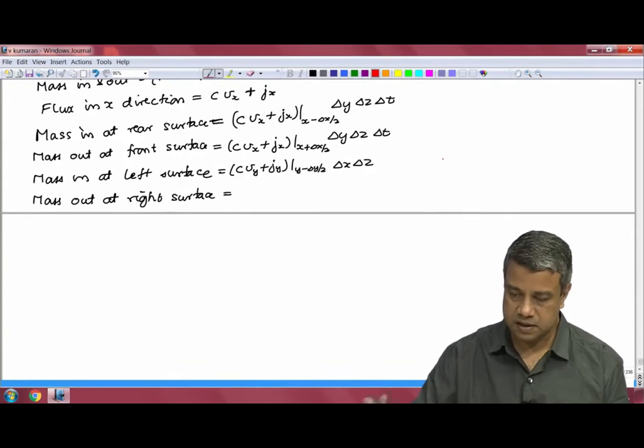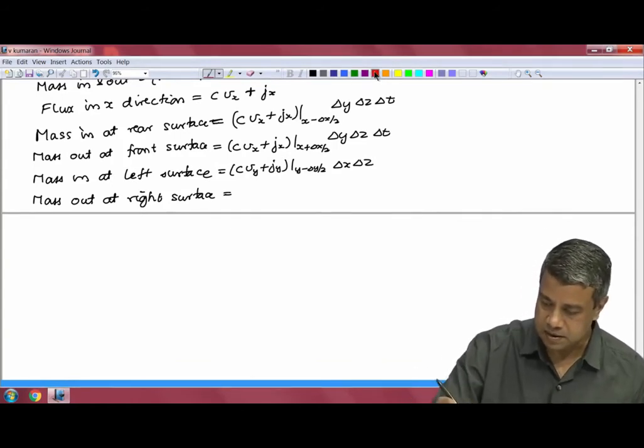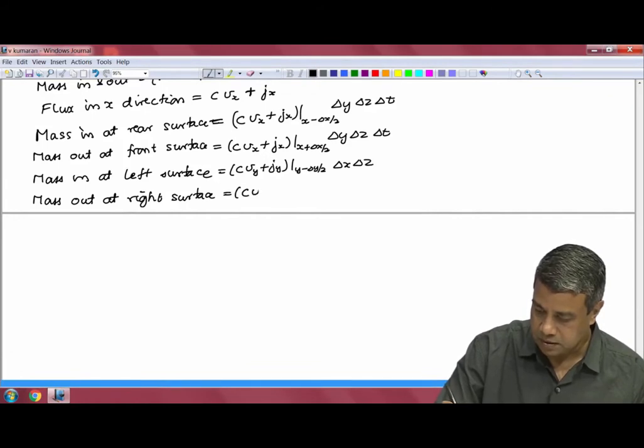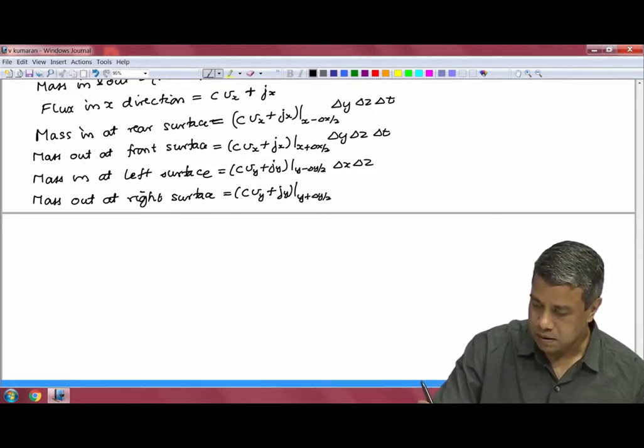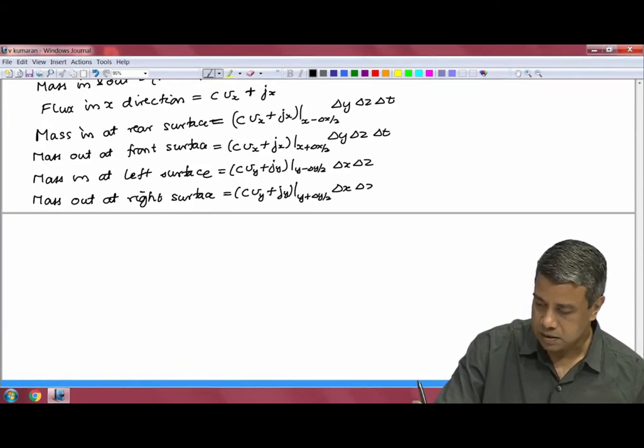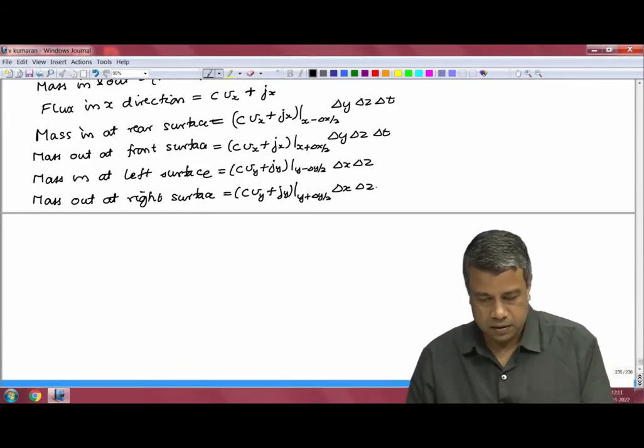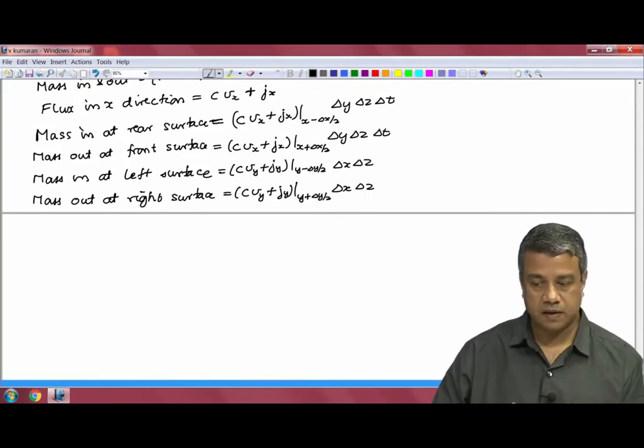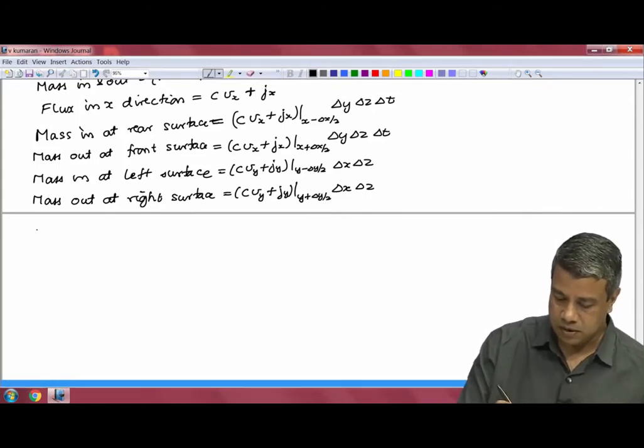So, this gives you the mass leaving the surface at y plus delta y by 2. And this is equal to, into delta x delta z. So, those are the left and right, and then there is the bottom and top.